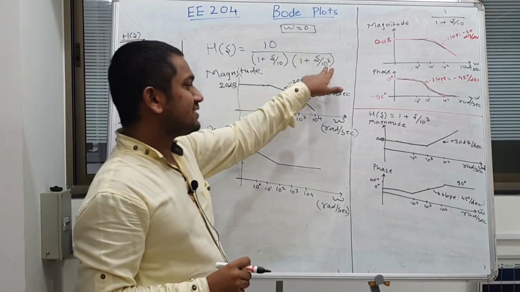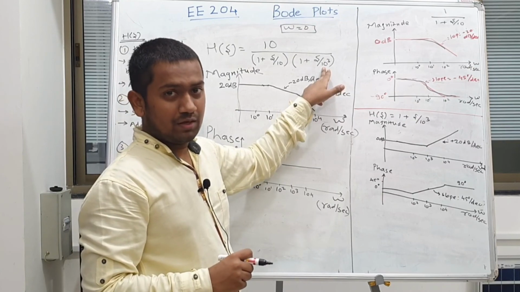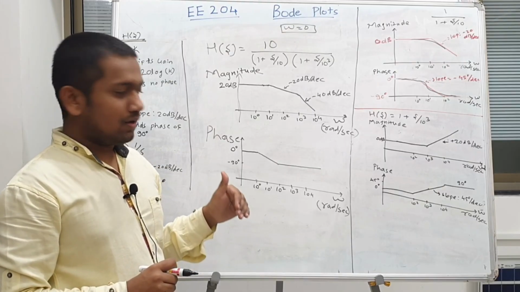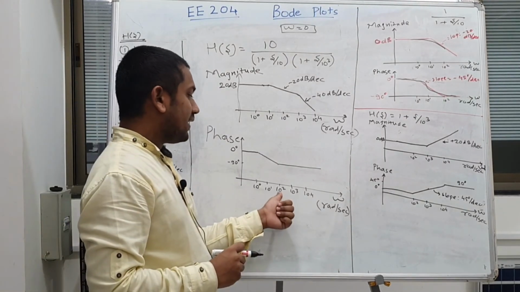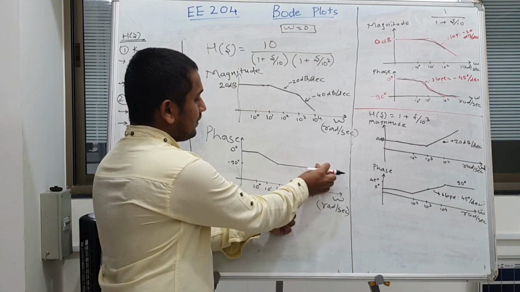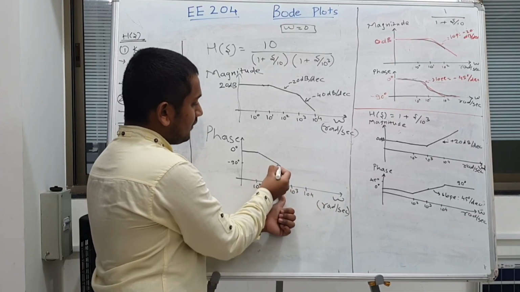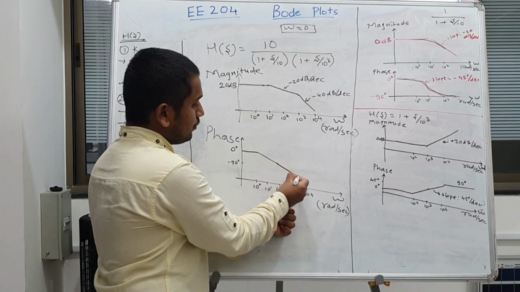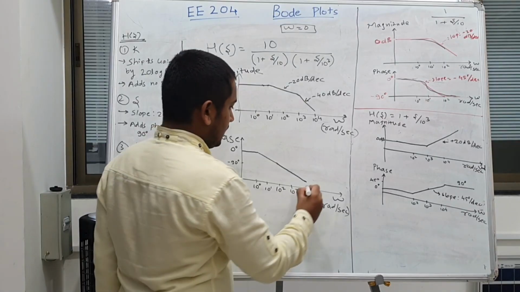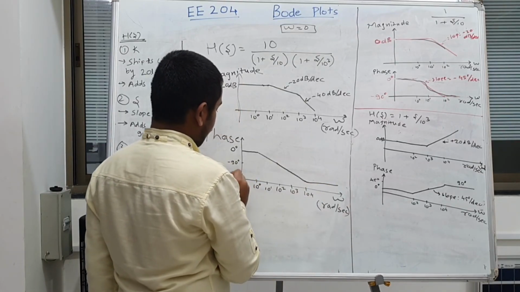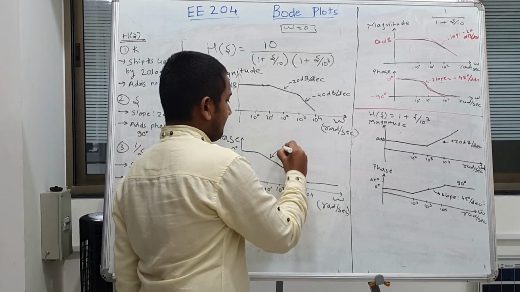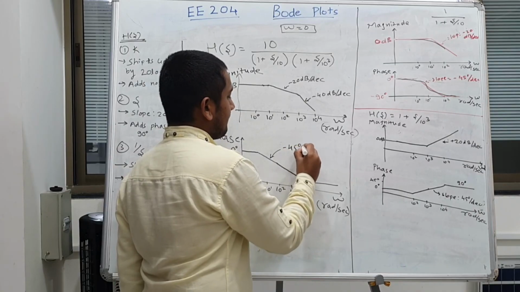But the second pole is at 10 to the power 3, meaning it should degrade the phase further with a slope of minus 45 degree per decade starting at a frequency omega equal to 10 to the power 2. It means that instead of this curve staying at minus 90 degree, it will further degrade with the same slope of minus 45 degree per decade, and when it reaches 10 to the power 4, it will stay at minus 180 degree. So the slope is minus 45 degree per decade.